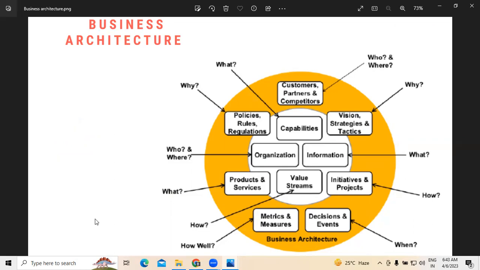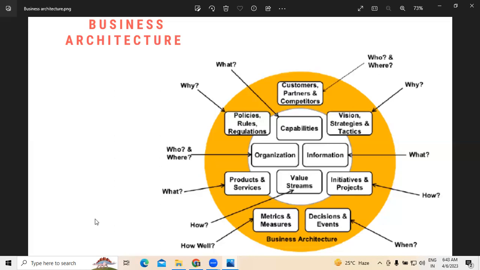Because of these reasons. First point, why were the policies, rules and regulations prevailing in the organization created, for what reason? In the context of the business I am talking about, it has nothing to do with the application, okay? It has to do with the business.